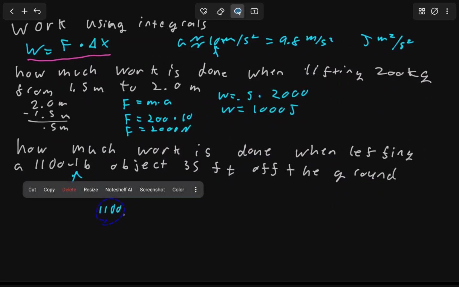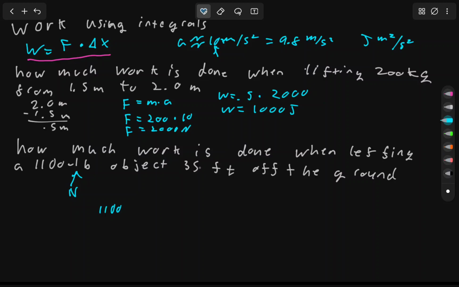Because we're already given the force, we just have to multiply it by the change in x, or in this case, it's just 35 because it's going from 0 to 35 feet. We would get an answer of 38,500. This would be in lb feet, I believe.